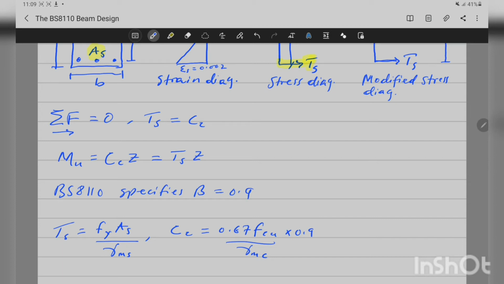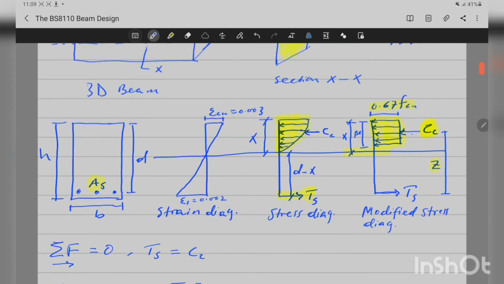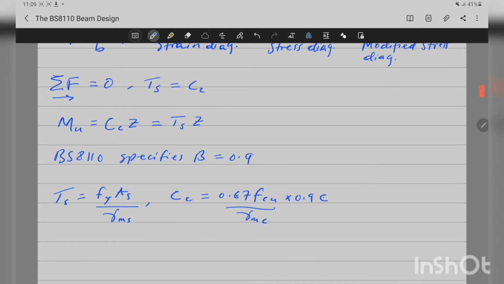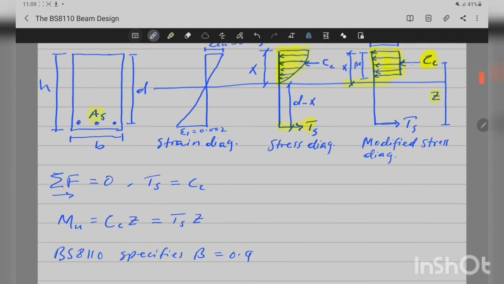Now this is beta x, that is 0.9x, times b, the width of the beam.